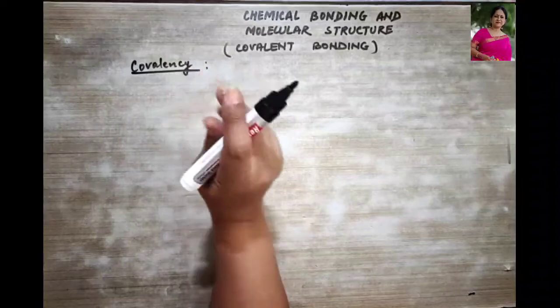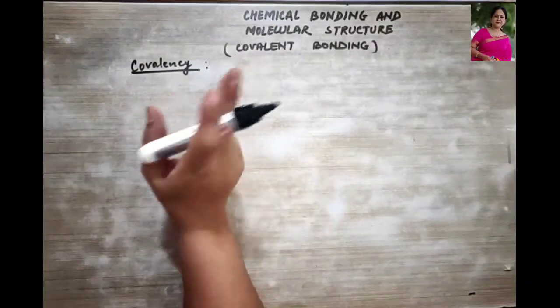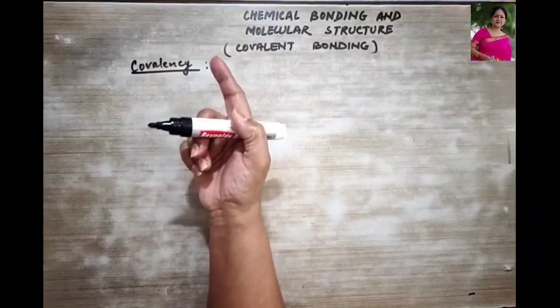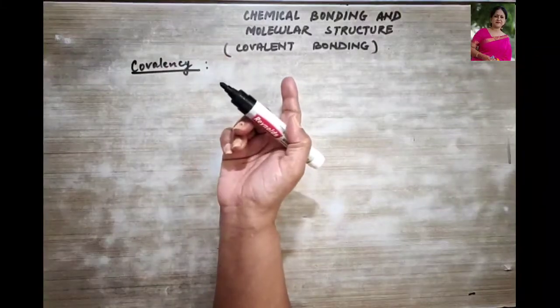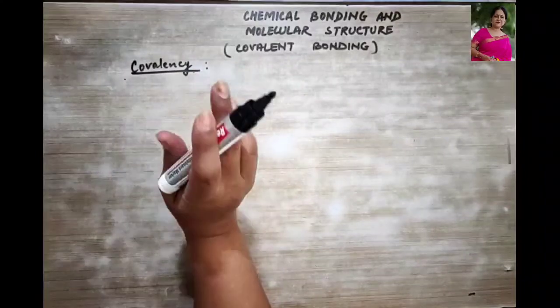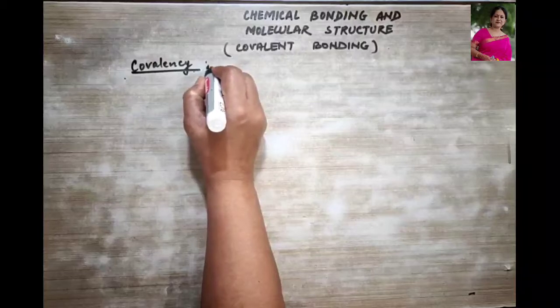So how can we define covalency? It is defined as the number of electrons contributed by an atom of an element for sharing with other atoms to achieve the nearest noble gas configuration. That is called covalency. Clear? So I am writing it down over here.